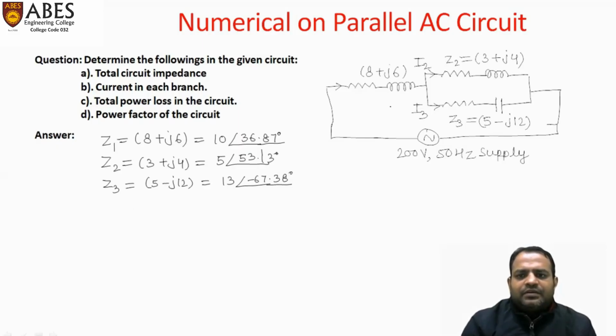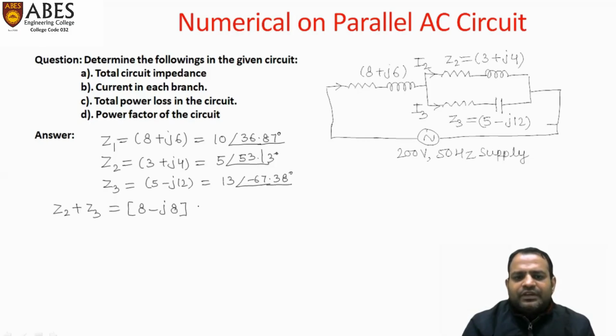So when we are taking parallel combination of Z2 and Z3, we need to calculate Z2 plus Z3, which is the real part of Z2 and Z3, 3 and 5, which is 8, and the imaginary part minus J12 plus J4, which is minus J8.